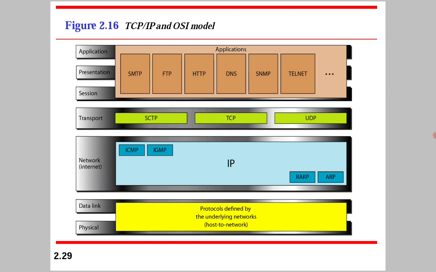All these three are named as the application layer, and generally in TCP/IP the application layer contains protocols: SMTP, FTP, HTTP, DNS, SNMP, Telnet, like that. So TCP/IP contains various protocols. First one is host to network protocol, second one is IP protocol, third one is transport layer.